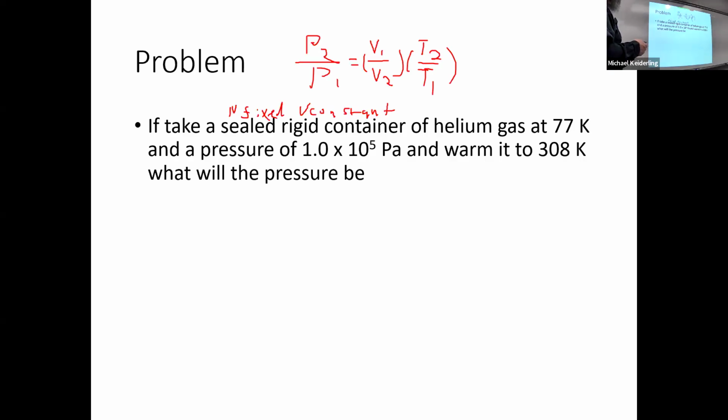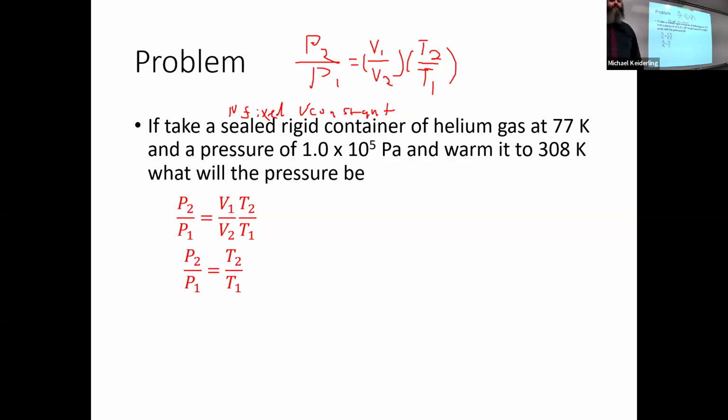So N is fixed and V is constant. It's sealed and rigid. P2 over P1 equals V1 over V2 times T2 over T1. But the volume doesn't change, so this term goes away.